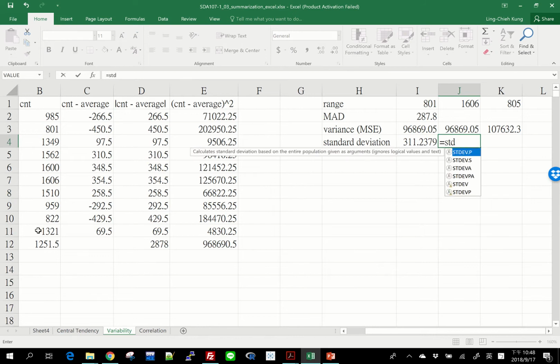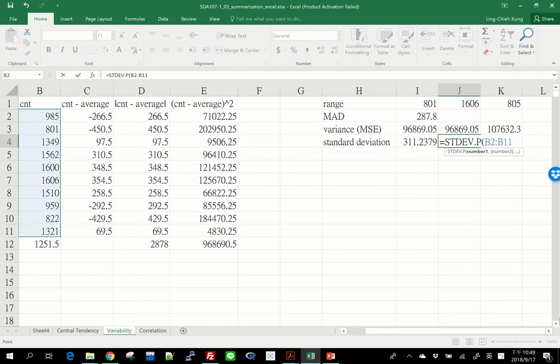Standard deviation is a very important thing, so it's not surprising that we have this function, STDEV.P, standard deviation for population. Here you select the 10 values you are talking about. Well, 311, exactly the numbers that you get if you do it step by step.